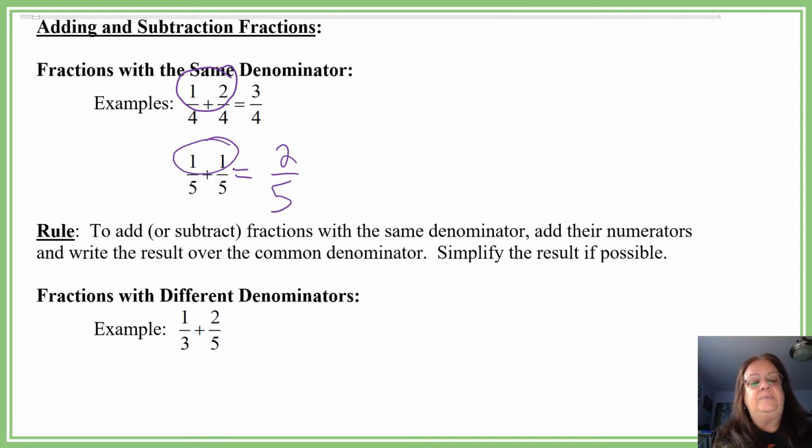Very easy. Now, when I have fractions with different denominators, there's not really a way to add them. It's like apples and oranges. So if I have thirds and fifths, somehow I have to get them to a common denominator so I can add them together. It's really difficult to add 1/3 and 1/2. No, it's not 2/3.